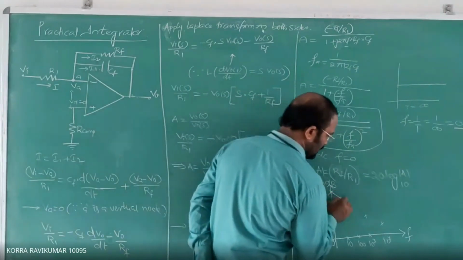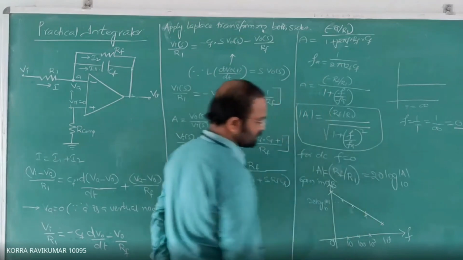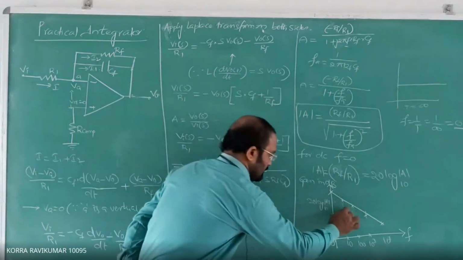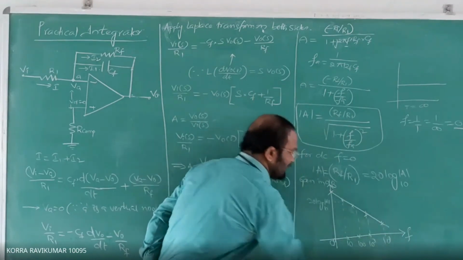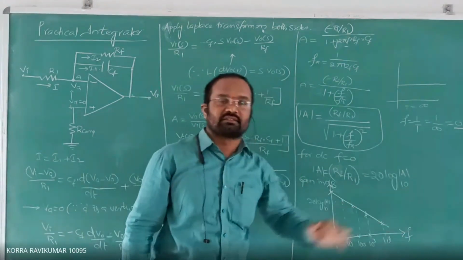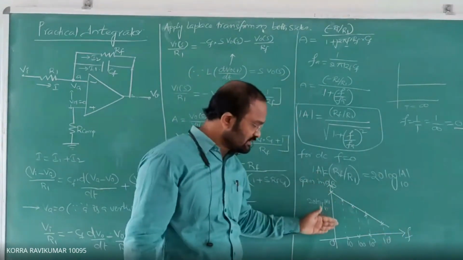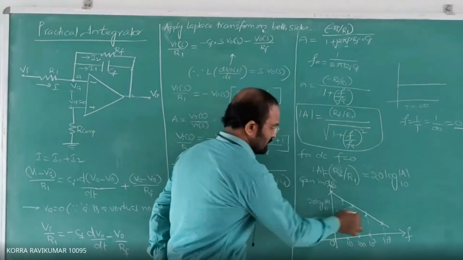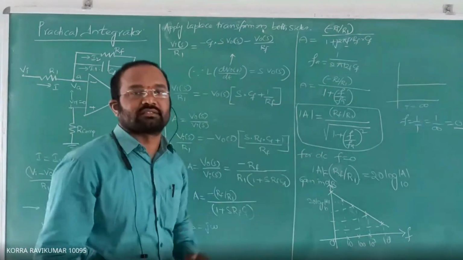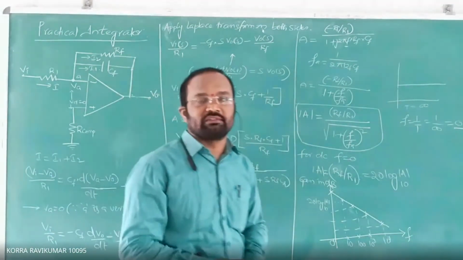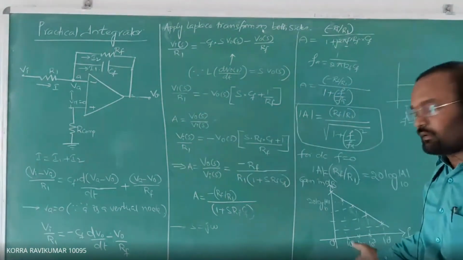If you join all these points, the curve becomes like this. If frequency goes on increasing, the gain of this integrator circuit gradually goes on decreasing. So this is the gain versus frequency response curve of a practical integrator. Please copy this.